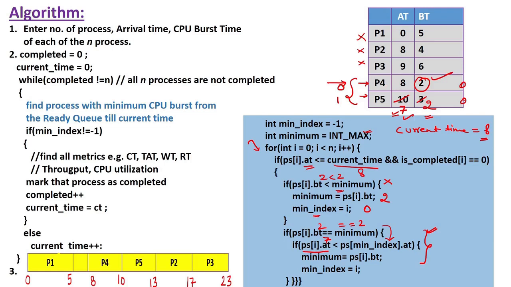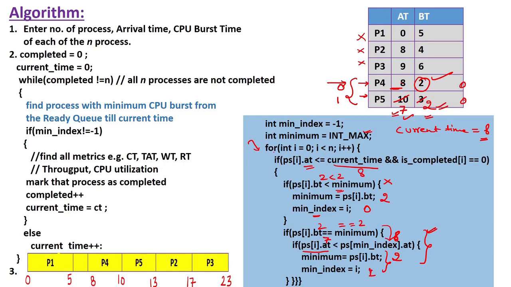So this min index is 0, which means this process, and its arrival time is 8. So that previous minimum process has the arrival time 8, but mine is 7. So I came earlier, 7 is less than 8. So minimum will be now this, and the index of P5, that is 1, will be saved.